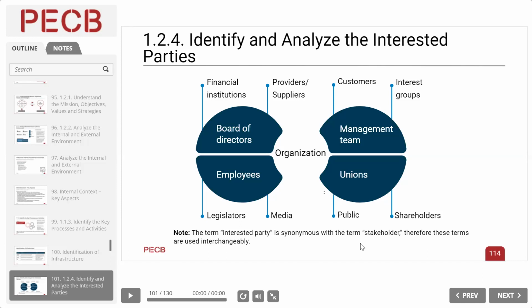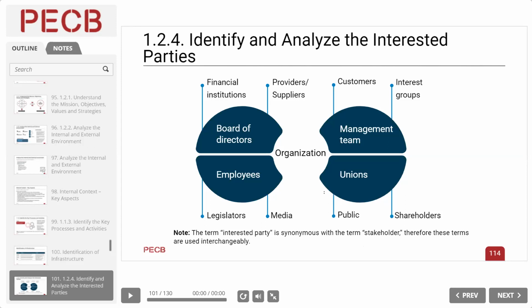The other thing that interested parties give you is feedback. We need to ensure that there are proper channels for delivering feedback from interested parties to the ISMS management, because some of the documentation we have, the policies and things like that, will be formulated based on that feedback.